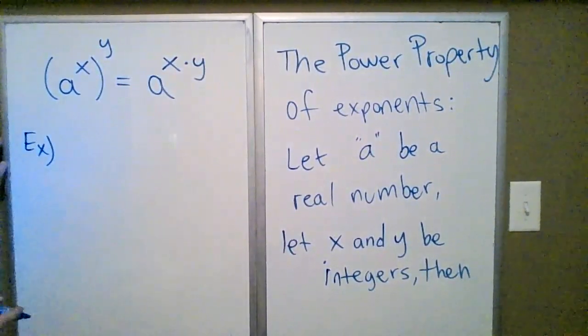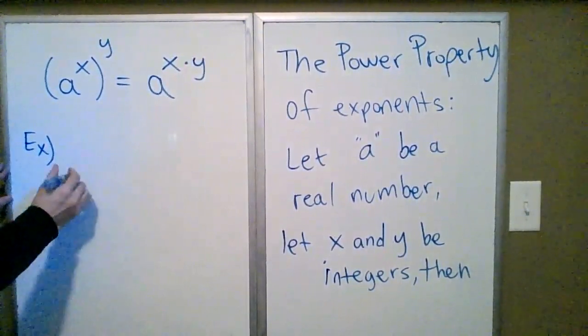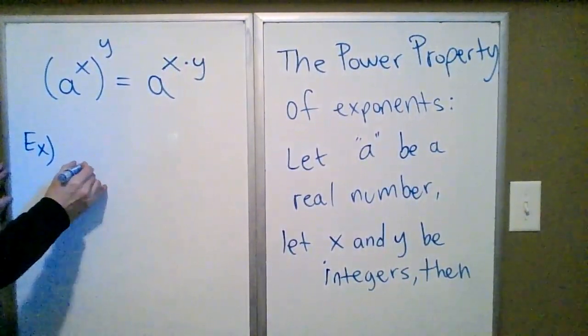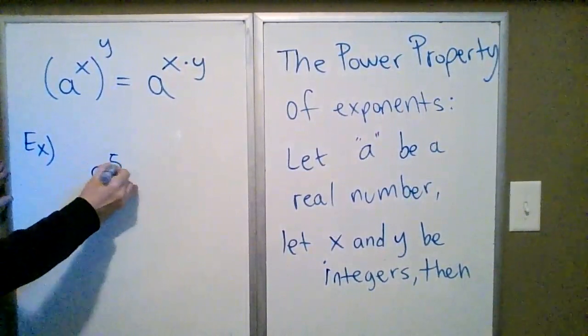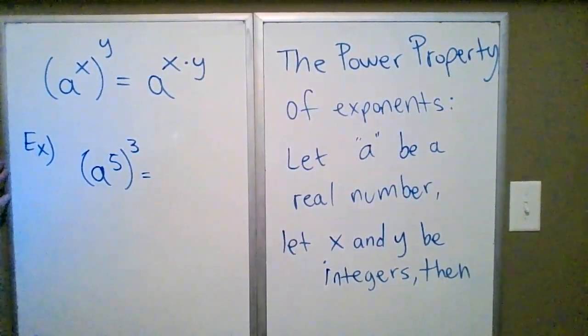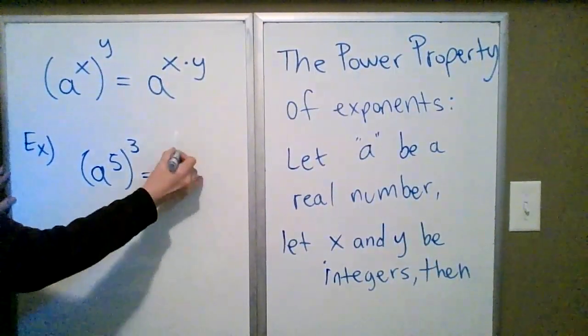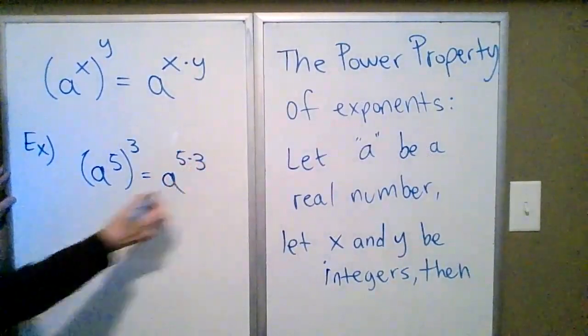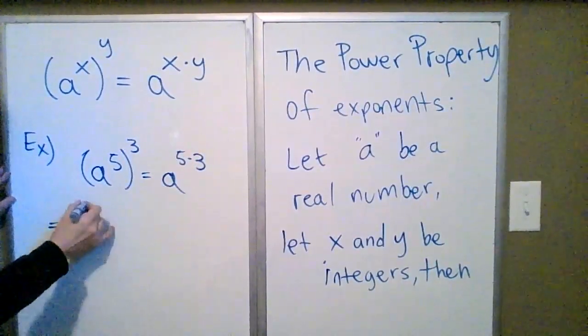Okay, let's start with something like A to a power of 5 to a power of 3. Base is A, the power is 5 times 3. A to the 15th.